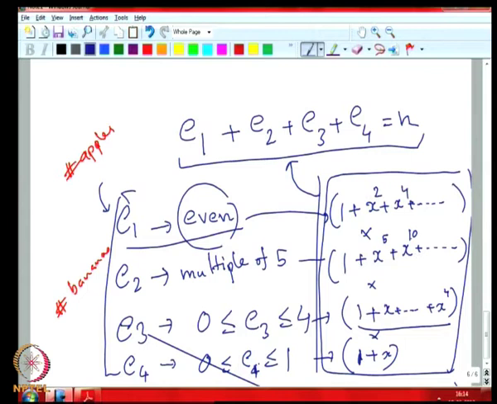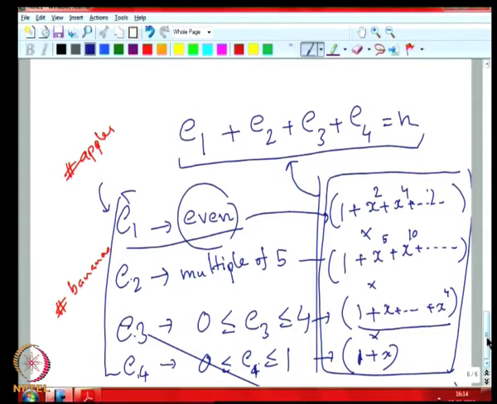That will indeed correspond to some E1, E2, E3, E4, where the power of x which came from the first term corresponds to E1, the power of x which came from the second term corresponds to E2, the power from the third corresponds to E3, and the power from the fourth corresponds to E4. We know that these satisfy the conditions we want for E1, E2, E3, E4. That is why it is the correct solution, right.